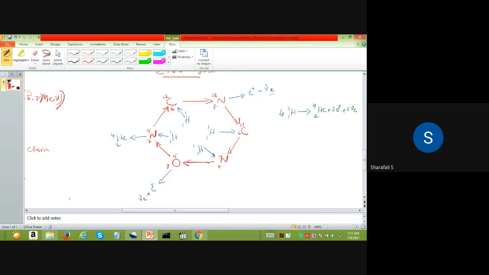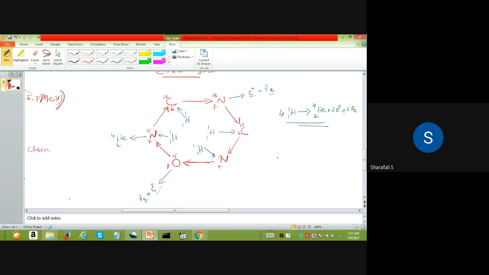One from here, one from here, 2 electron neutrinos, and similarly for positrons. So these 4 protons are used, which made helium, 2 neutrinos and 2 positrons. Okay, so this is the basic reaction.